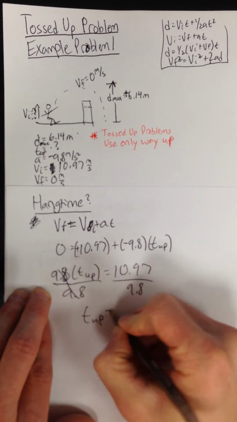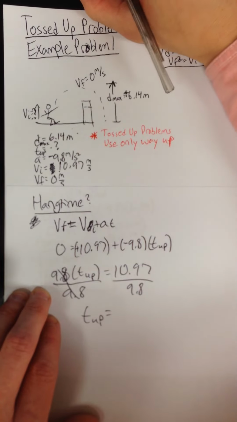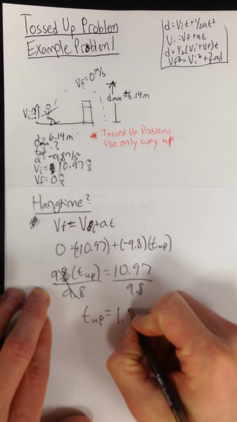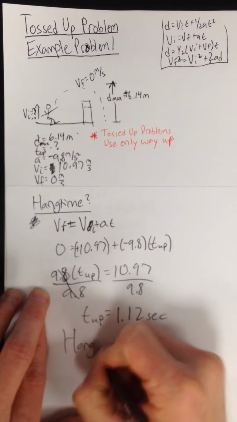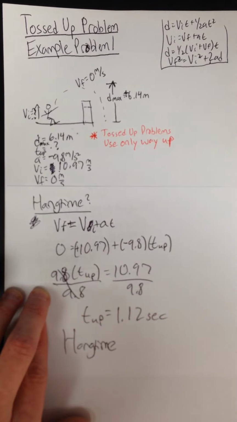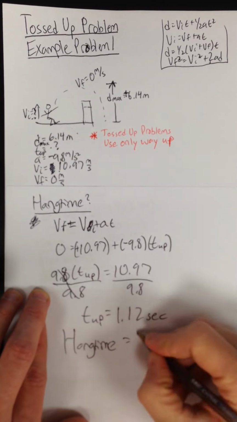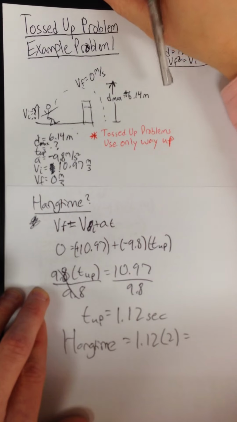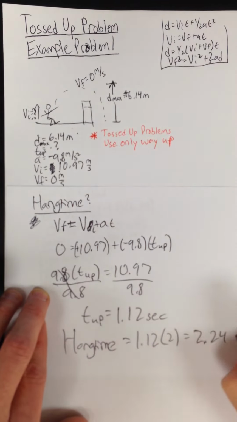And you've got t up. 10.97 divided by 9.8 is 1.12 seconds. So your hang time is twice that. 2.24 seconds. That's the hang time.